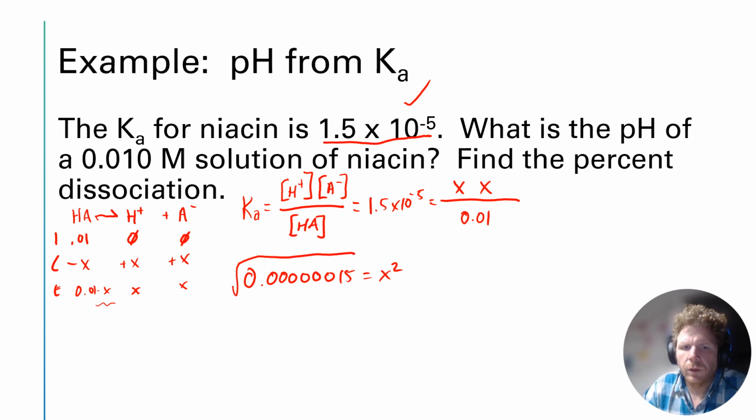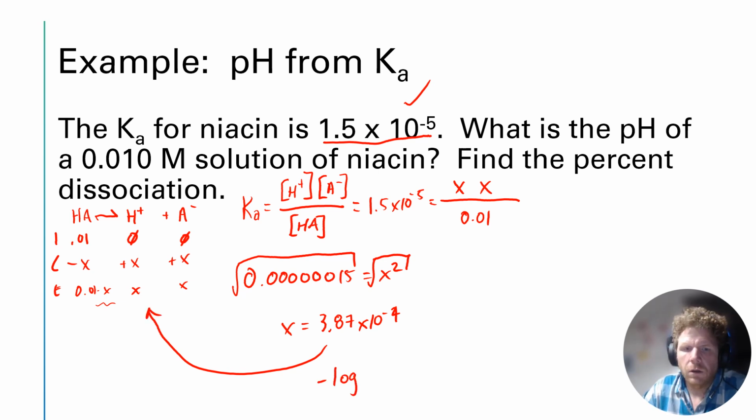So I can take the square root of both sides, and I'm going to get x is equal to 3.87 times 10 to the negative fourth. Okay, so that x is my hydrogen ion concentration. So I can now type in negative log of 3.87 times 10 to the negative fourth, and that will get me a pH of 3.41.